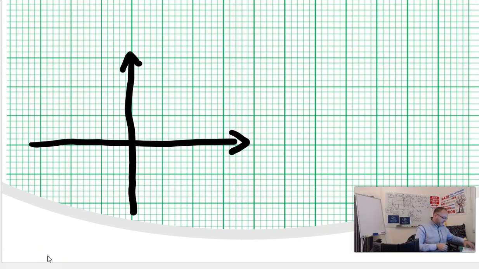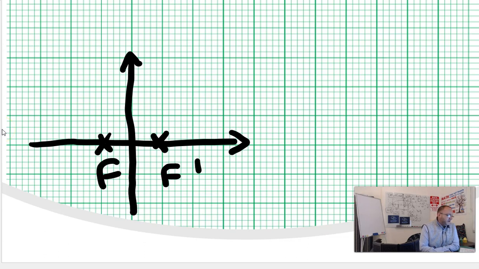The first one we're going to deal with is we're going to keep the same ellipse at the origin, make it easy. Call this F prime, and this is F, okay? We're going to call this your a, and let's make this b here.